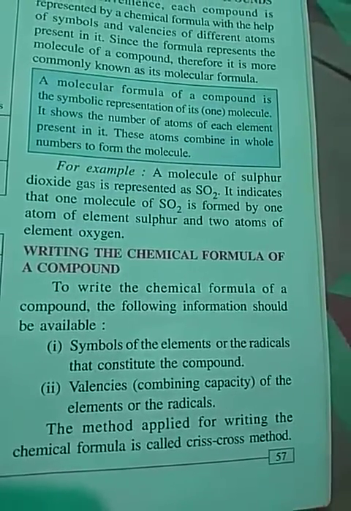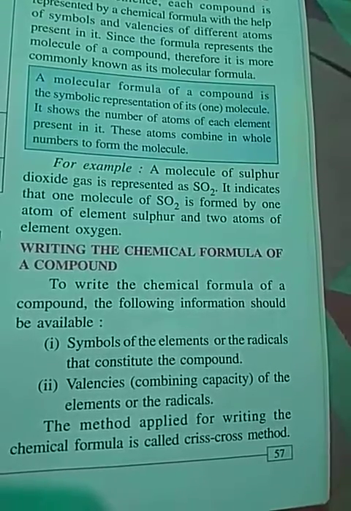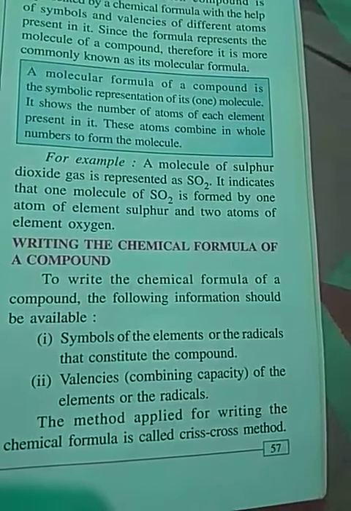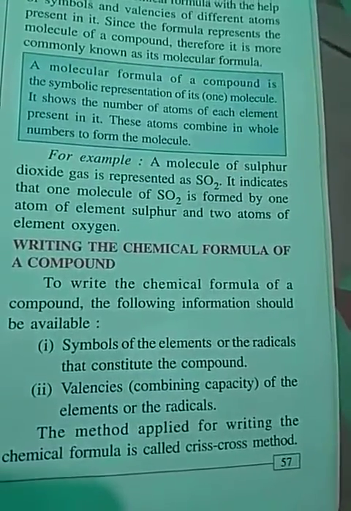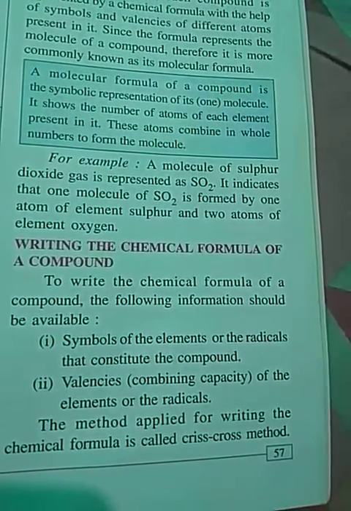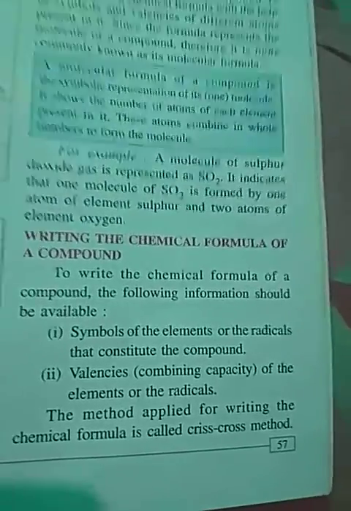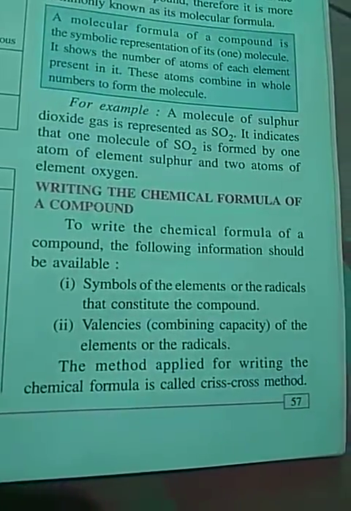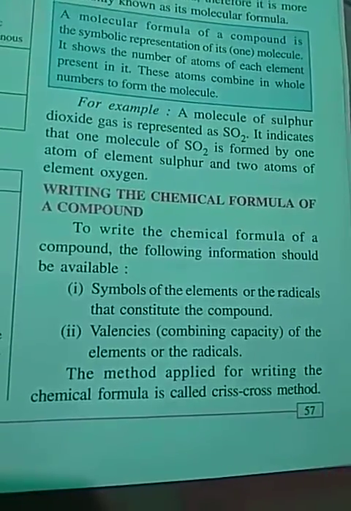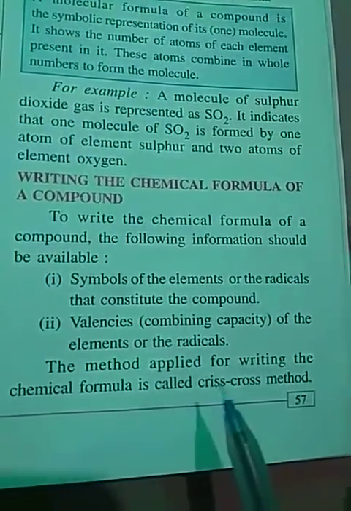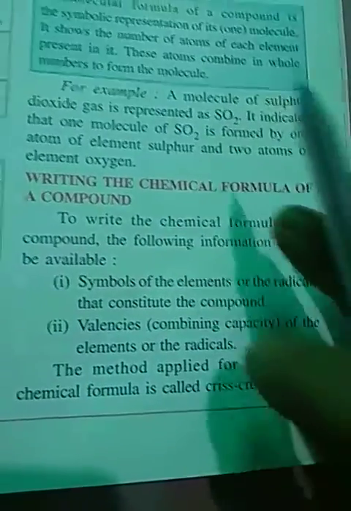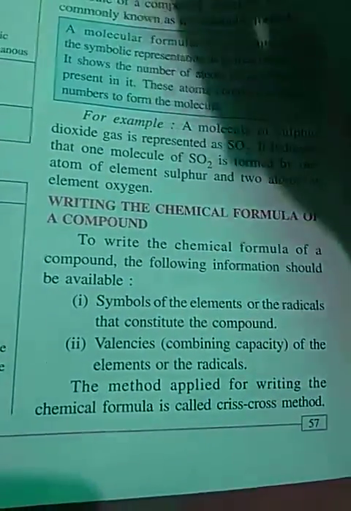First of all, symbols of the elements or radicals, and valencies of the elements or radicals. Now, how do we write a molecular formula? The method by which we write a molecular formula is called the crisscross method. In the crisscross method, what we do is very easy.